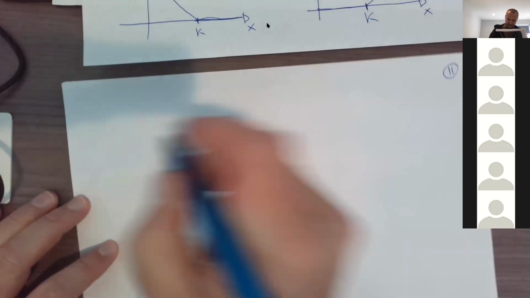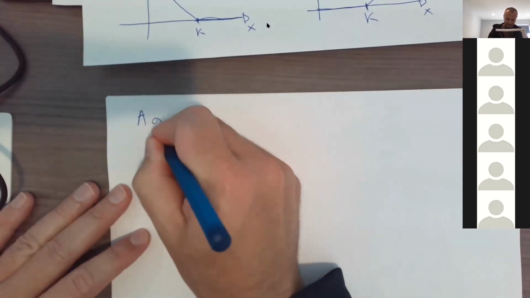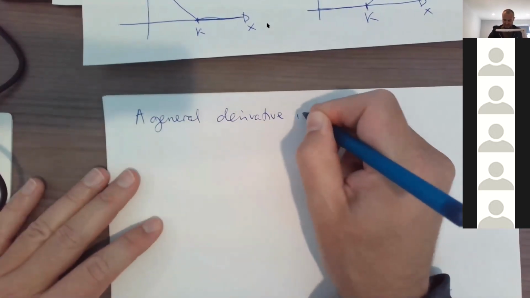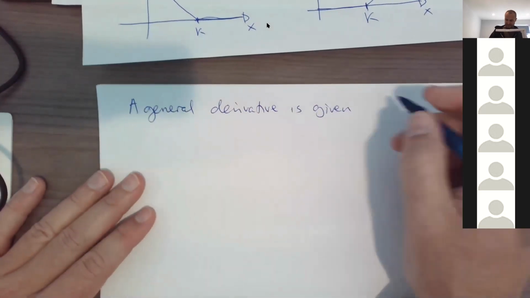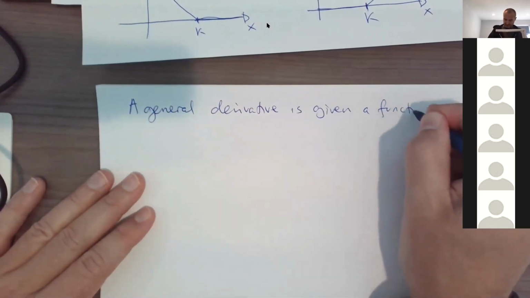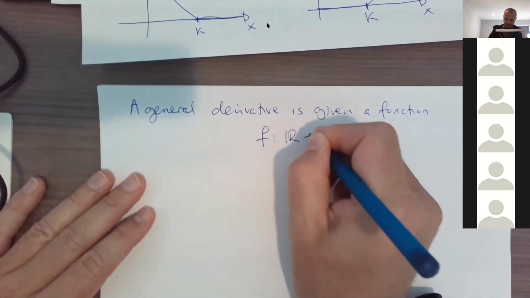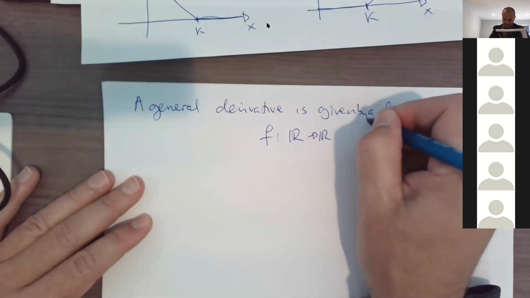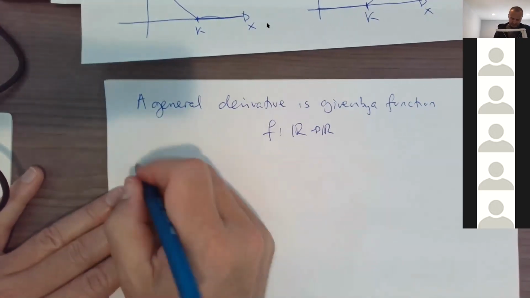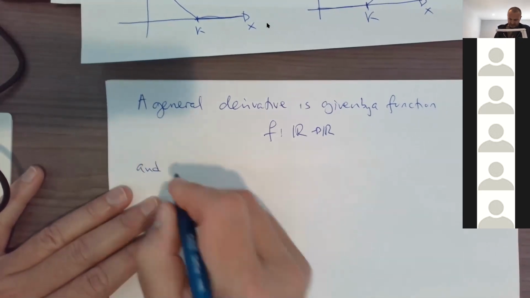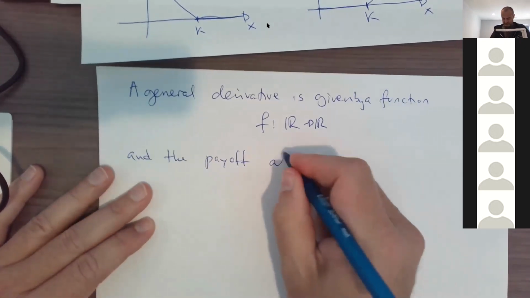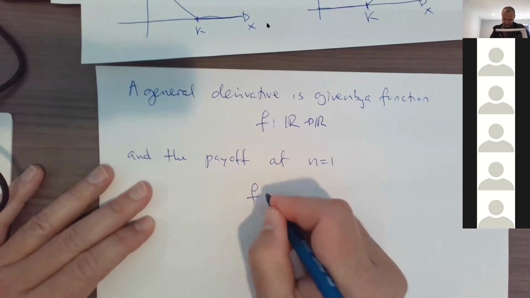And so of course, in general, a general derivative is given by a function from R to R, and the corresponding payoff at time 1 is f of S1.